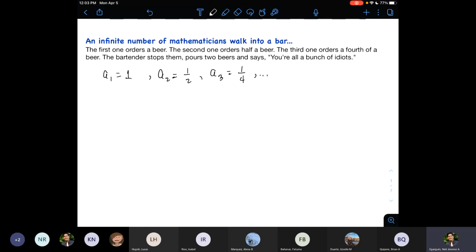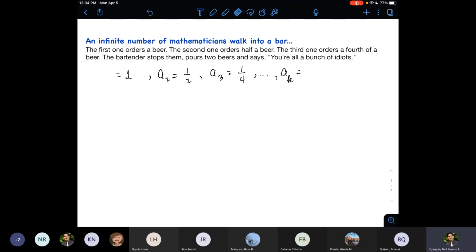So it looks like the pattern is that the kth mathematician will order what? Here it looks like it's 1/2 to the power what? This is 1/2 to the power 0. This is 1/2 to the power 1. This is 1/2 to the second power, and so on.